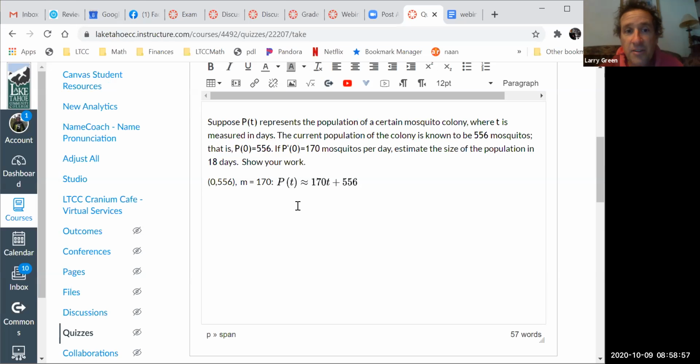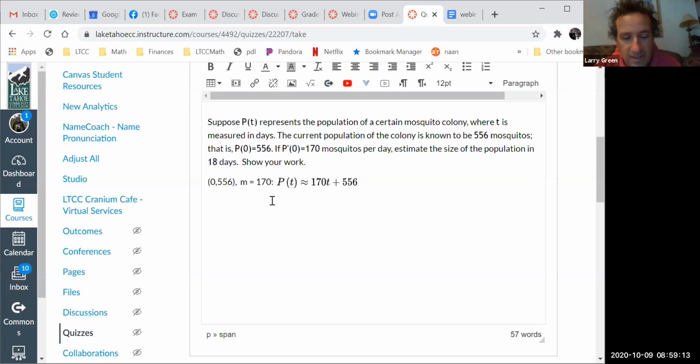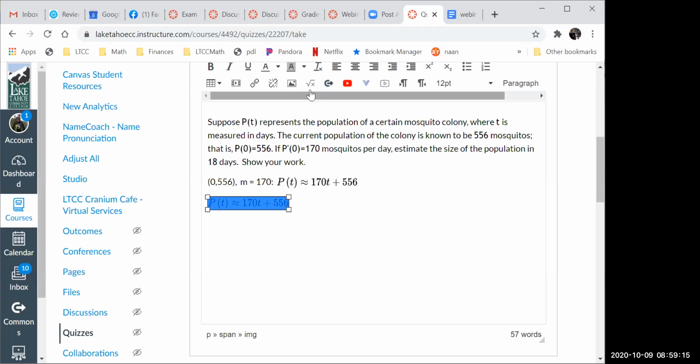Okay, and what are we asked to do? We're supposed to use this to estimate the population in 18 days. So this is very easy. What do we have to do? Plug in 18. Yep, plug in 18. Nothing tricky. So I plug in 18.